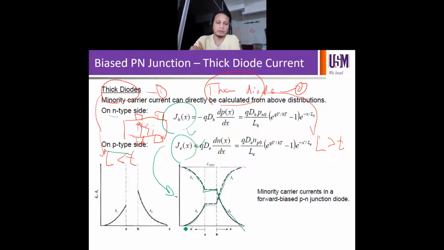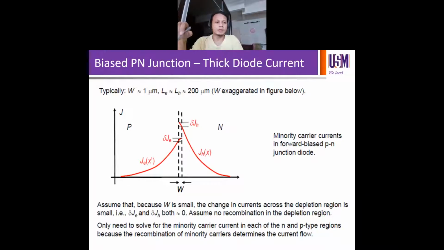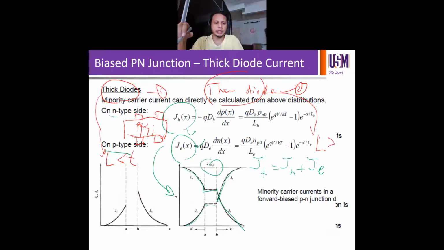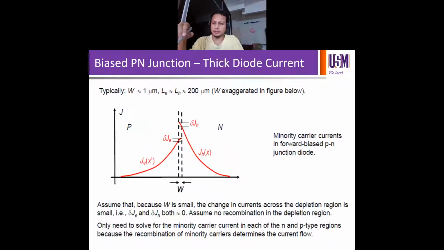In order to get the total current, you have to add JH and JE, JH plus JE. This is actually the shape of the diffusion current densities that you have just calculated.